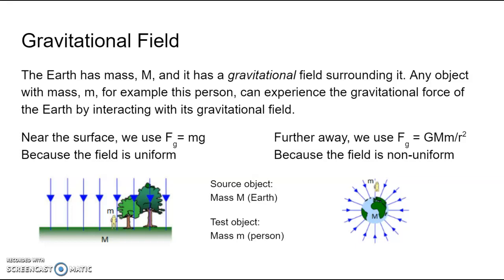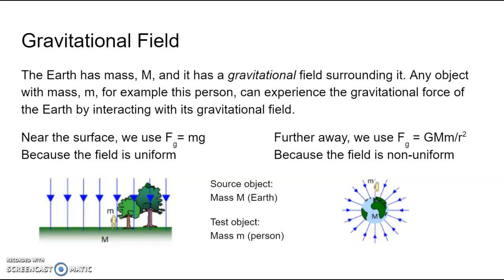I'll use symbol capital M here for the mass of the Earth, and it has a gravitational field surrounding it. Any object that has mass, lowercase m, so let's say you, standing on Earth, can experience a gravitational force of the Earth interacting with this gravitational field. Near the surface of the Earth, we use the formula F equals mg, because the gravitational field is uniform, meaning that g is 9.8 meters per second squared near the surface of the Earth.